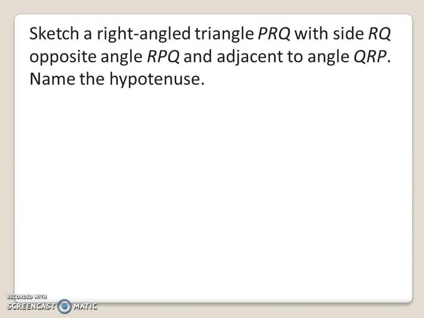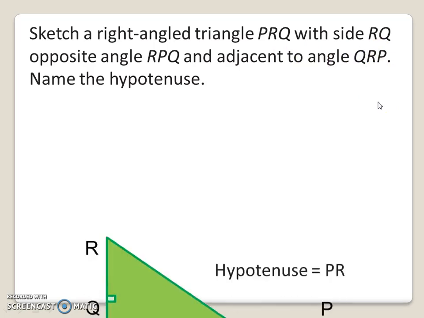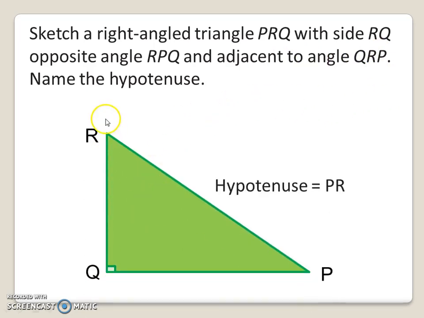Sometimes you get asked to draw diagrams from written information. So an example of this would be to sketch a right angled triangle with these as your vertices. The side RQ has to be opposite the angle RPQ and adjacent to this particular angle. Name the hypotenuse. Okay, if we draw that triangle, have a look here. I've got a right angled triangle PRQ.